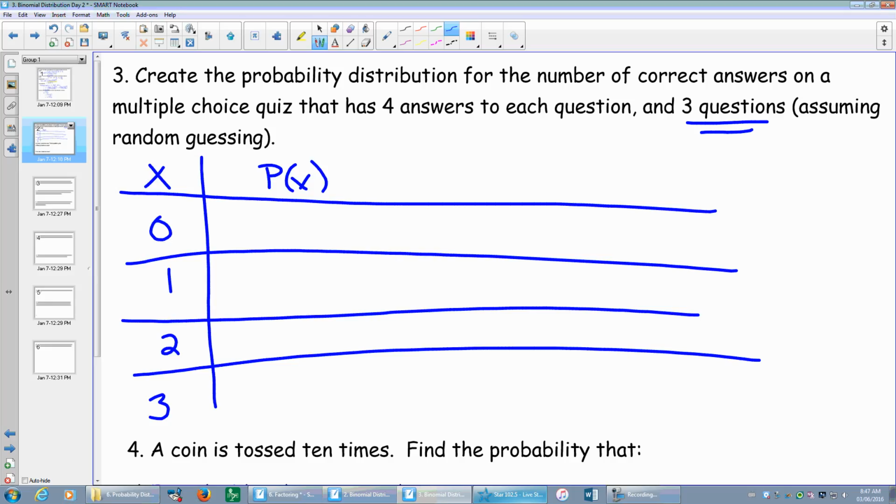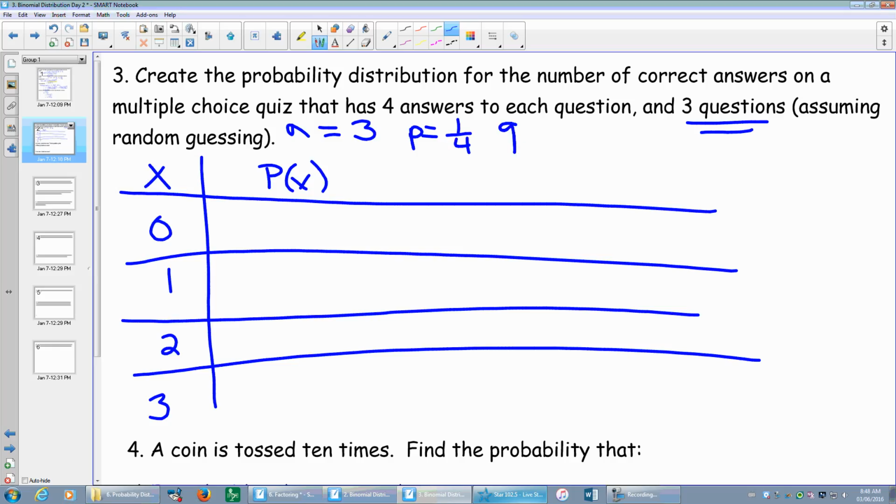So what would be my n value from reading this? How many questions are there? There's 3 questions. Okay. And what is the probability of success if there are 4 answers and only 1 correct answer? 1 over 4.